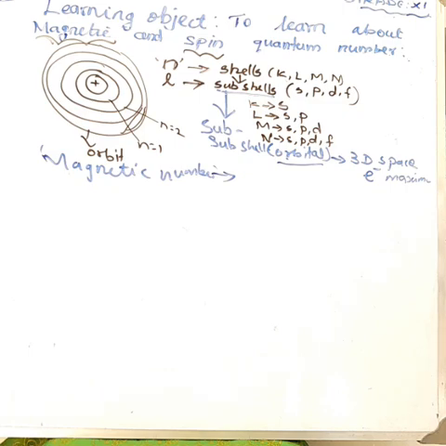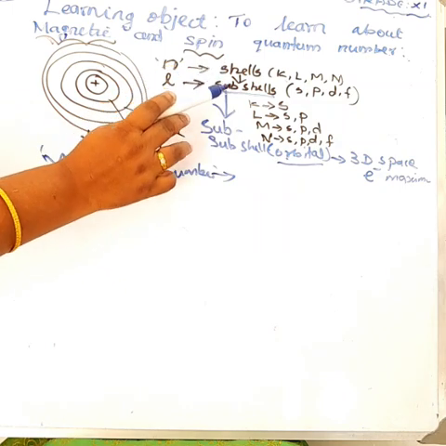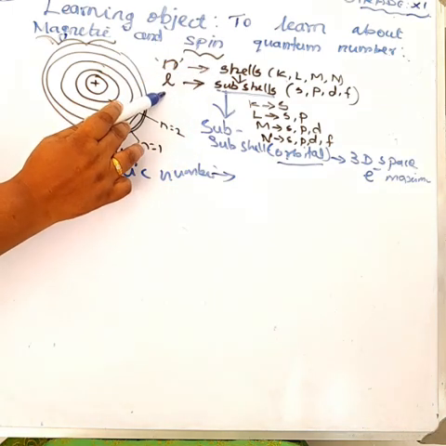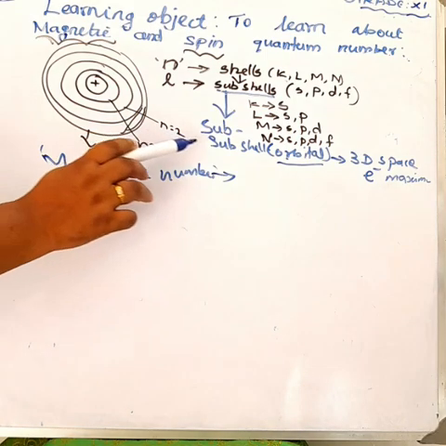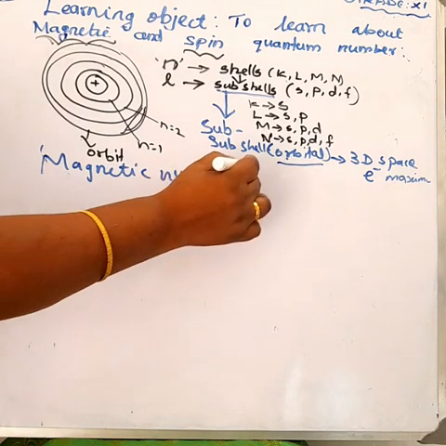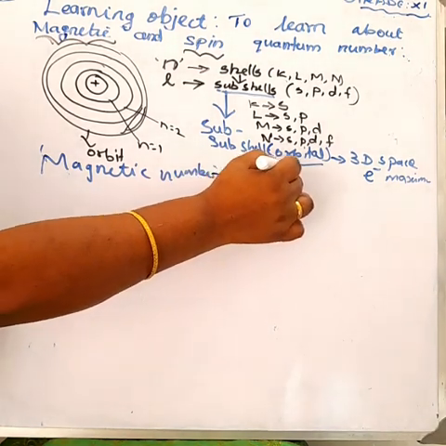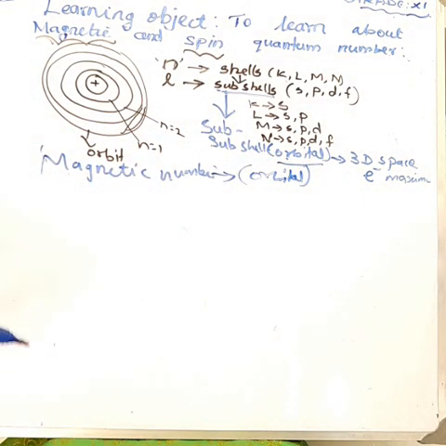So shells relate to the principal quantum number, subshells relate to the azimuthal quantum number, and orbitals relate to the magnetic quantum number. This magnetic quantum number divides the subshell into individual orbitals which hold the electrons.